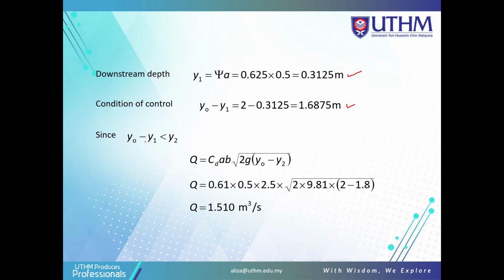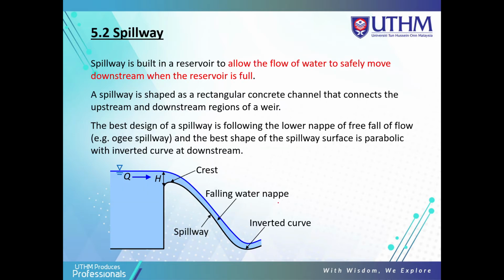Since Y0 minus Y1 is less than Y2, use this formula. Put in all the values that you get, and then you get Q. Actually this is the direct formula that you use. The vena contracta coefficient is given, so you just use that formula with the parameters given, and you can get Q. Now we look at the spillway.